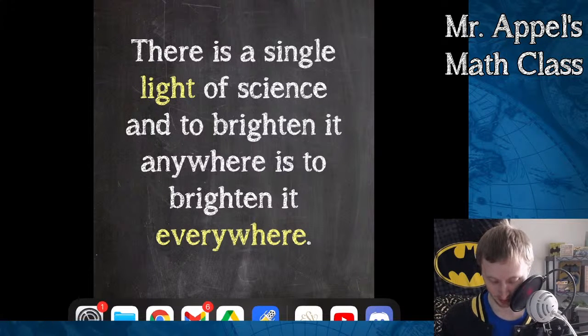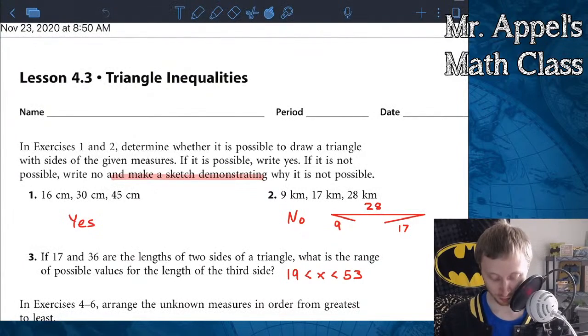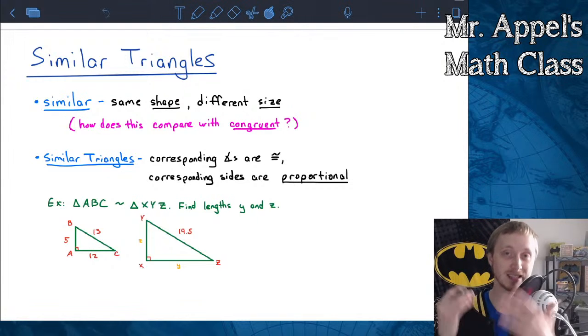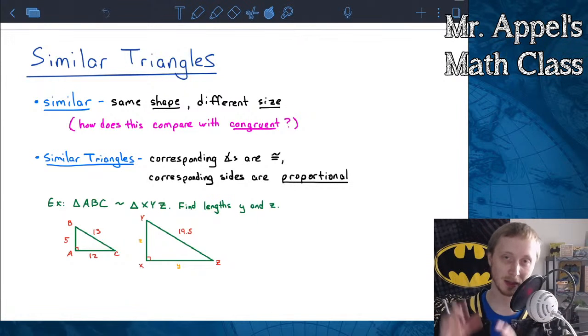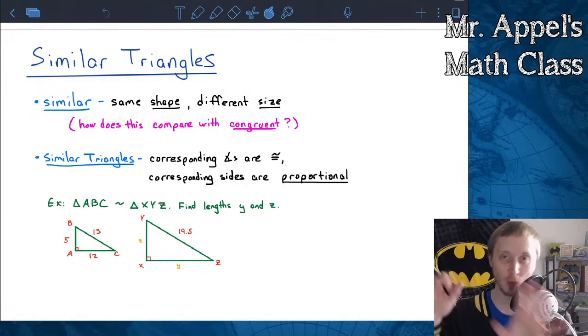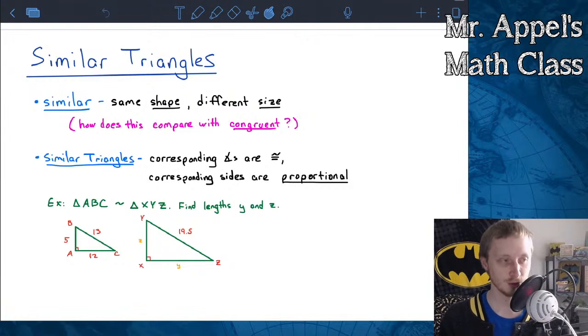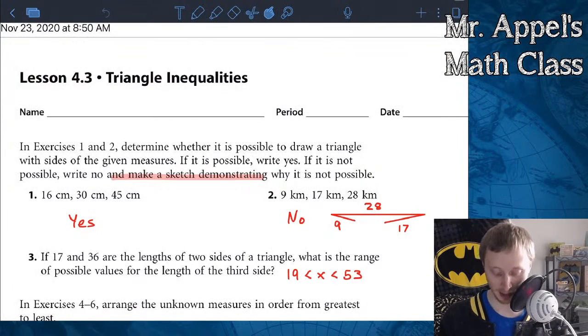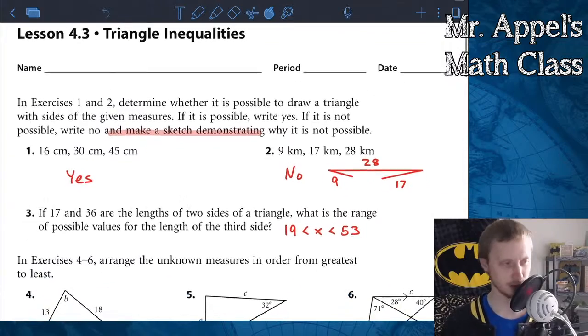We'll go over the triangle inequalities, but the new thing for today will be similar triangles. Talk about inequality. This is inequality between triangles, comparing two different triangles. Before we get to that, please go ahead and open up yesterday's work. Let's run through the answers to those questions real quick.